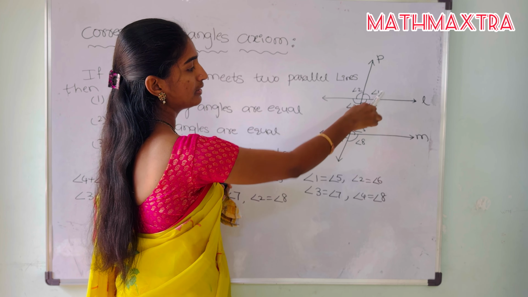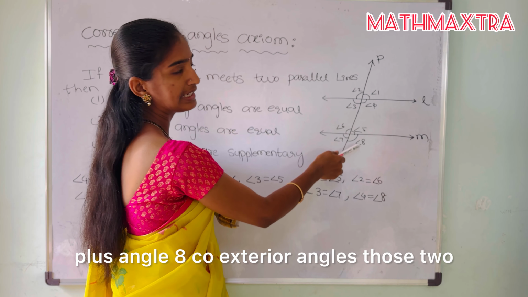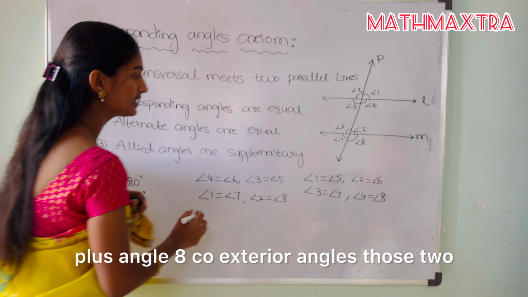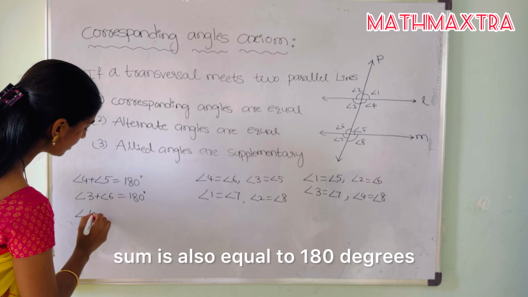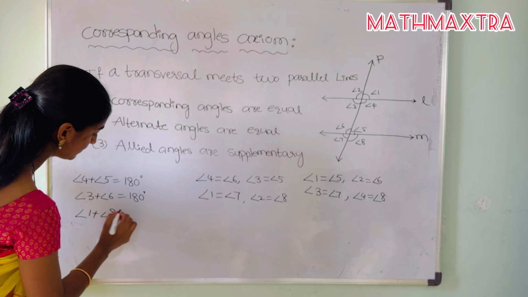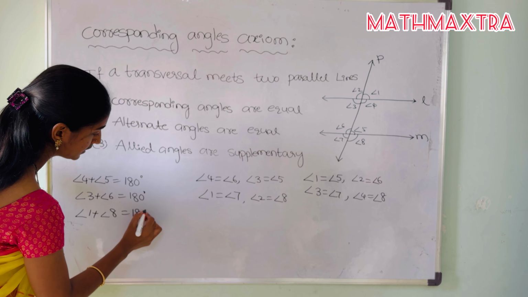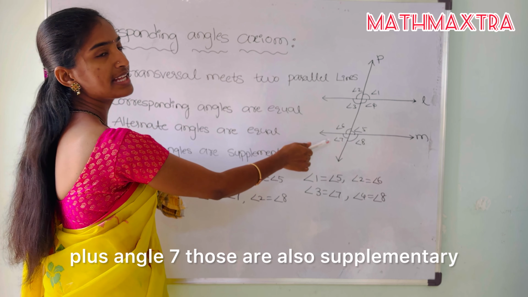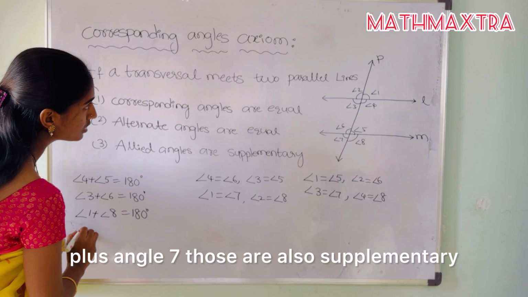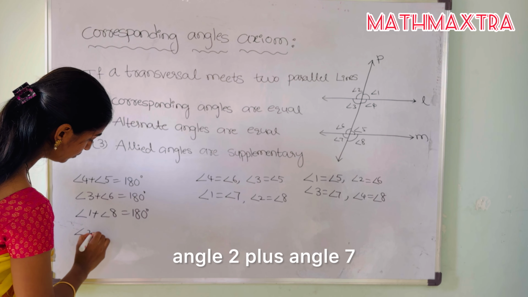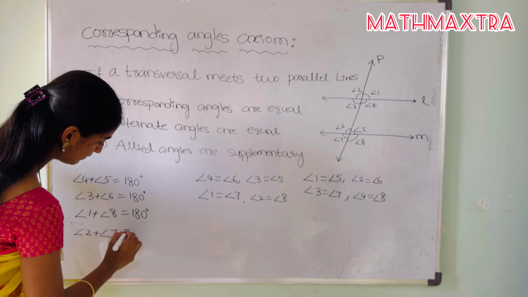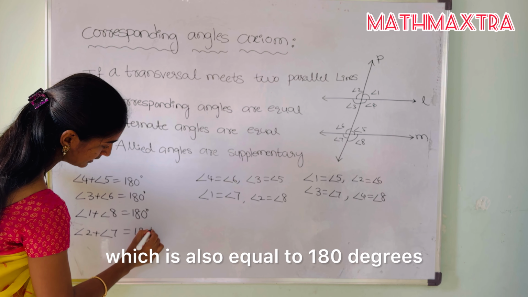And angle 1 plus angle 8, co-exterior angles, those two sum is also equal to 180 degrees. Angle 2 plus angle 7 are also supplementary, equal to 180 degrees.